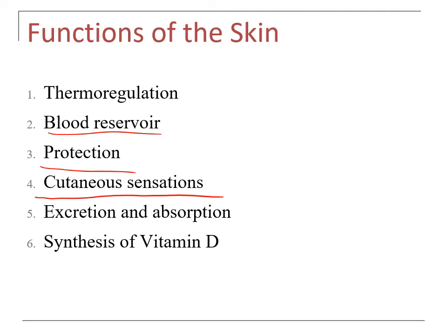There is a wide variety of nerve endings and receptors distributed throughout the skin, including the tactile discs of the epidermis, the corpuscles of touch in the dermis, and hair root plexuses around each hair follicle. Another function is excretion and absorption, and the skin also plays a role in the synthesis of vitamin D.